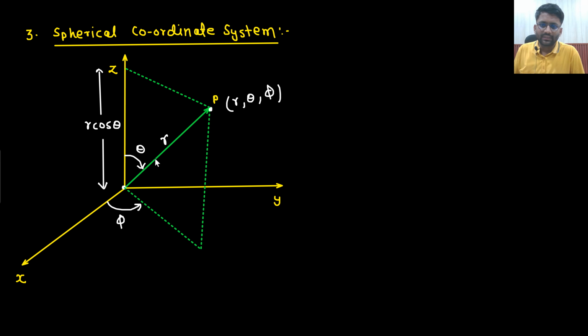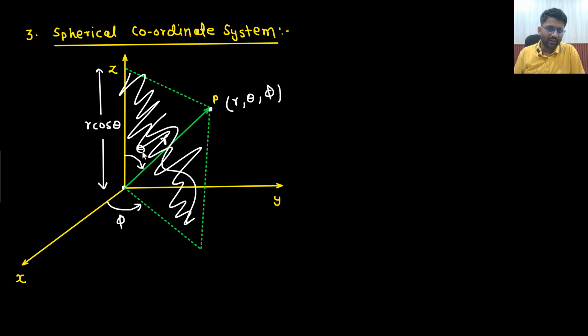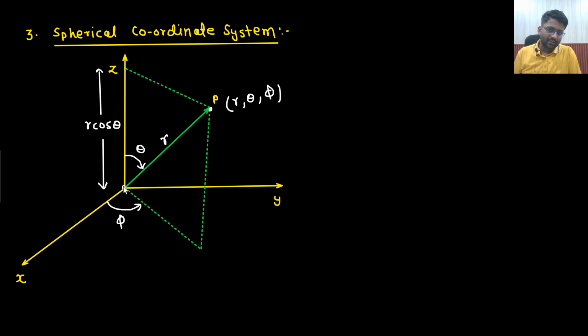What will be this distance? If this is r cos theta, are you able to visualize this plane? I am talking about this plane. This was a right angle triangle. If this is r, then here the projection is r cos theta. What will be this projection downward? This is again a right angle triangle, and this angle is 90 degrees.